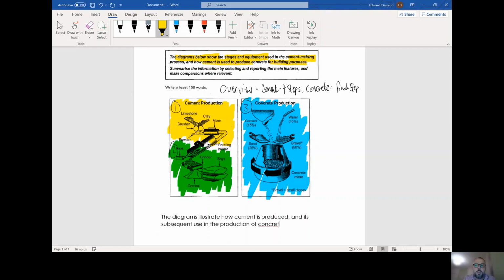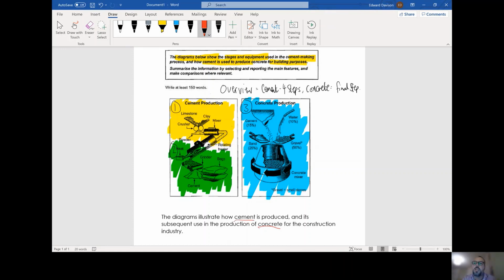They say building purposes. I'm going to say for the construction industry. Let's note there that we haven't tried to paraphrase words like concrete or cement.